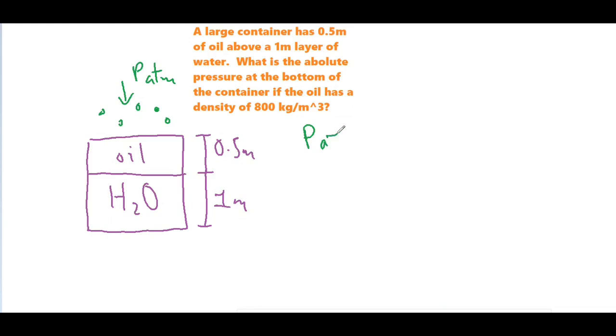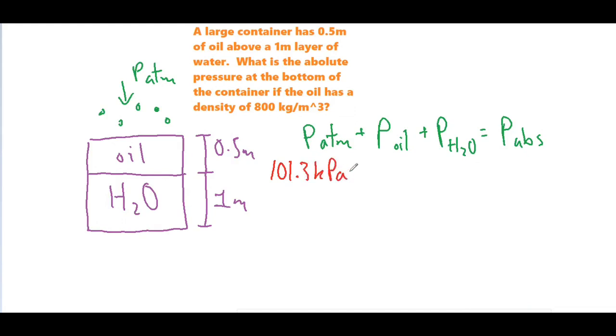So the atmospheric pressure, pressure from the oil, and the pressure from the water. And once we sum those three up, that is going to be our total absolute pressure at the bottom of our container. So what we want to do is go ahead and take that 101.3 kilopascals, and then for oil, we're going to want to use the rho g h formula that we used earlier, and we're going to want to use that for both of these fluids over here.